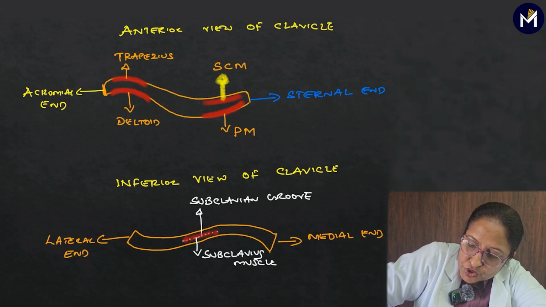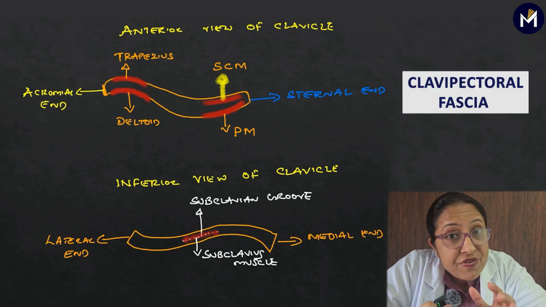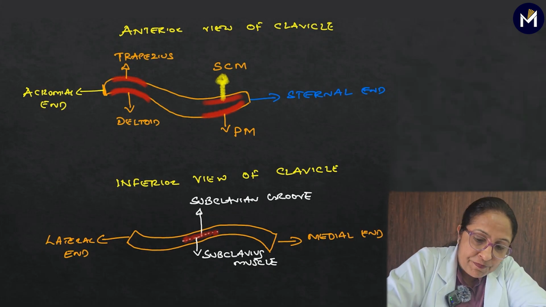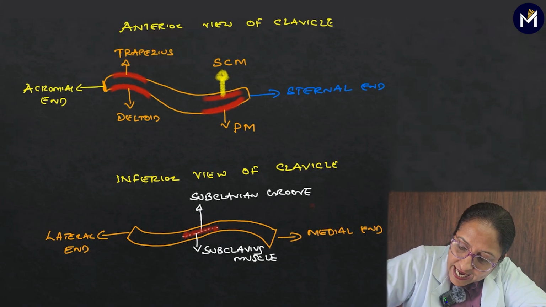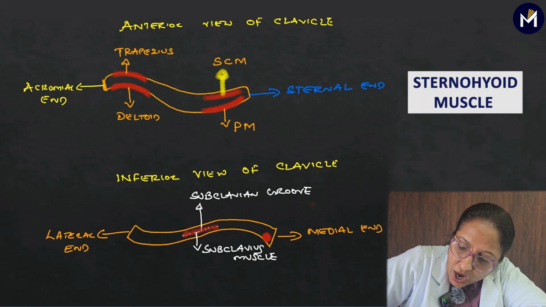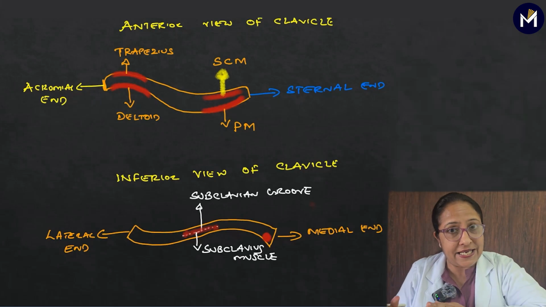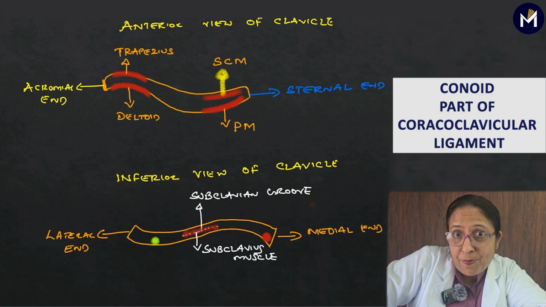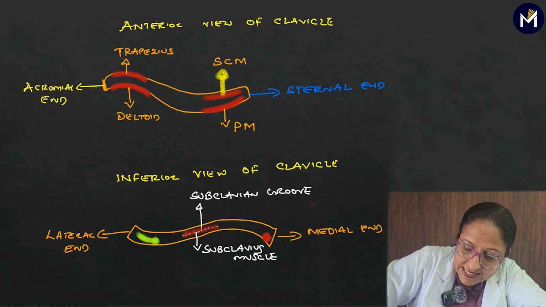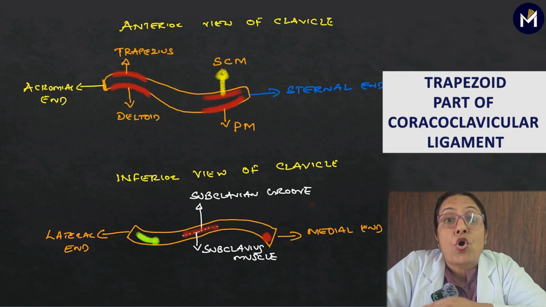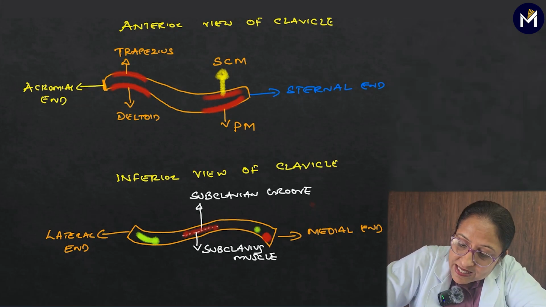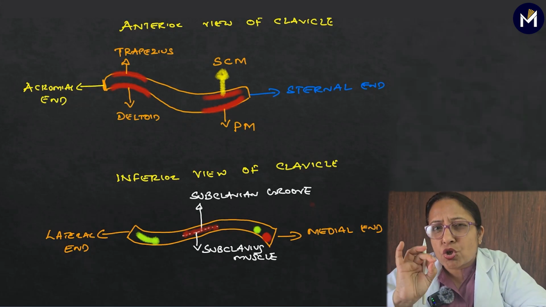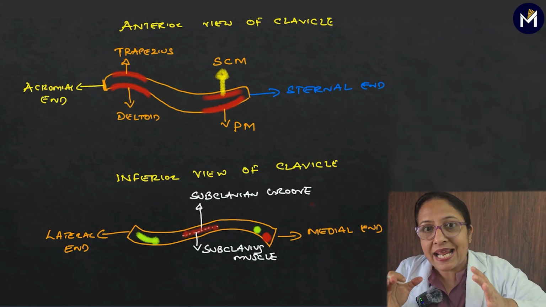Now, to the two lips of subclavian groove, clavipectoral fascia is attached over there. Apart from these 5 muscles, occasionally we also have the attachment of sternohyoid muscle towards the medial end. The 2 ligaments which are attached are the conoid part of coracoclavicular ligament, and this is the trapezoid part of coracoclavicular ligament, and towards the medial end, this is our costoclavicular ligament. So this is a quick revision of the clavicular attachments.